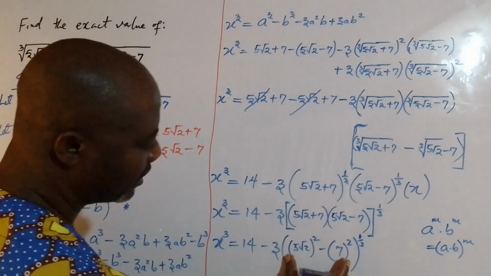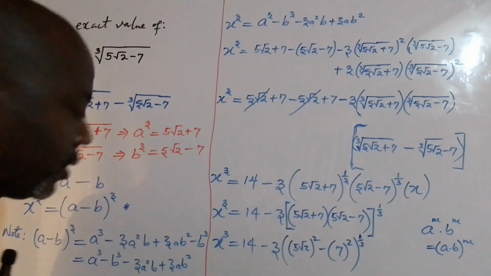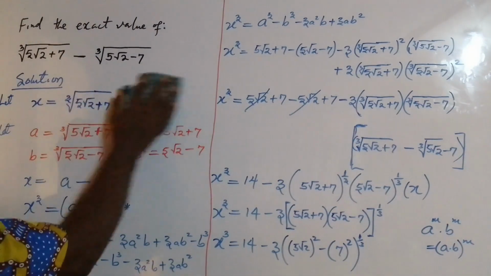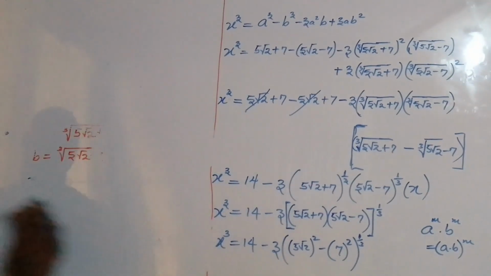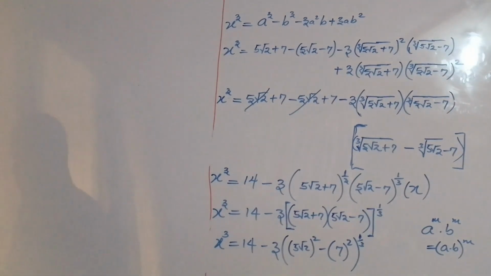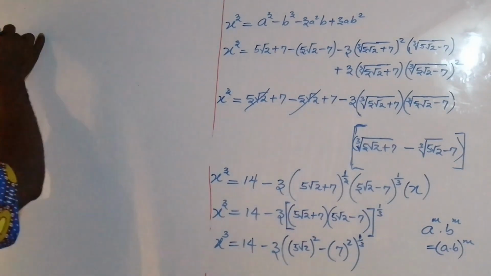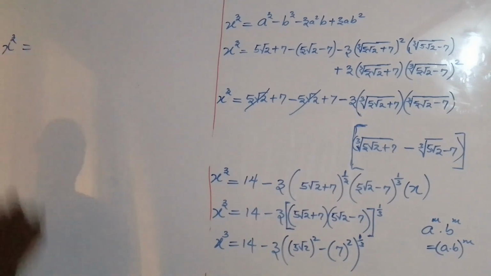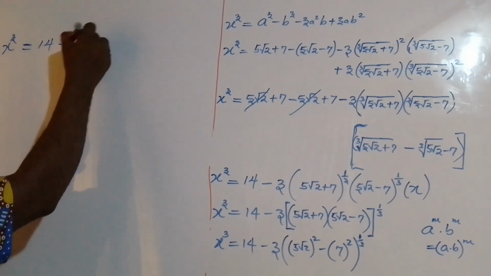And if I further simplify this, let me come over to this end here. I'm going to have x cubed equal to 14 minus 3.